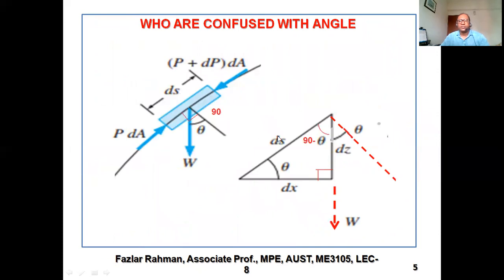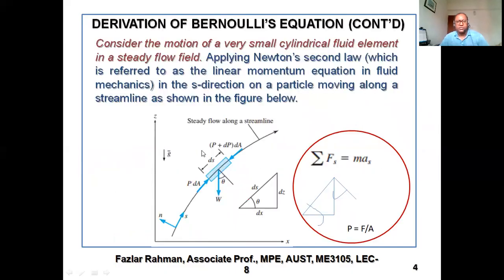Before that, we show that there is some relationship, how we got this angle. Because this fluid element is moving along this direction. So if I make a triangle right over here, then what is the horizontal distance?